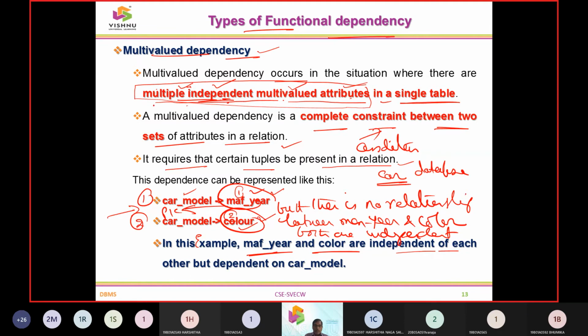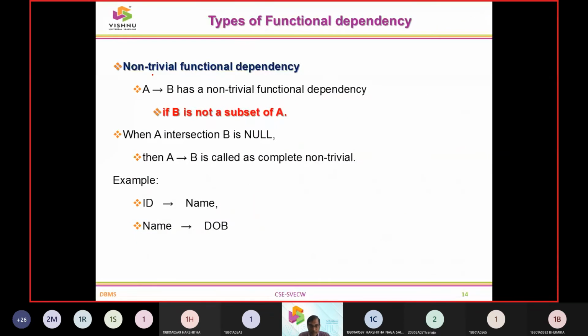So multiple independent multi-valued attributes, and all of them, either the car model, the manufacturing year, or the color, are related to a single table called car. So that's where we are going to put up a demo for multi-valued dependency.